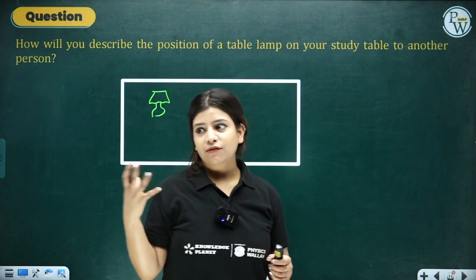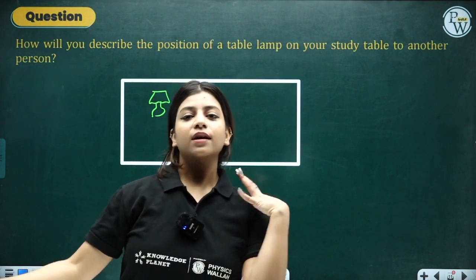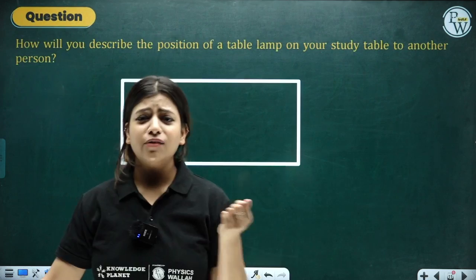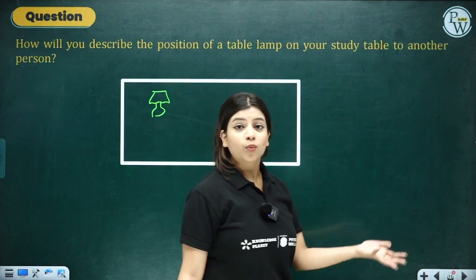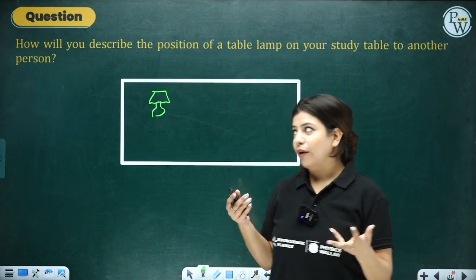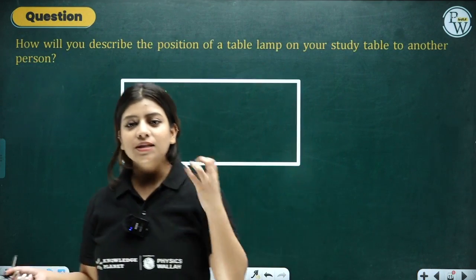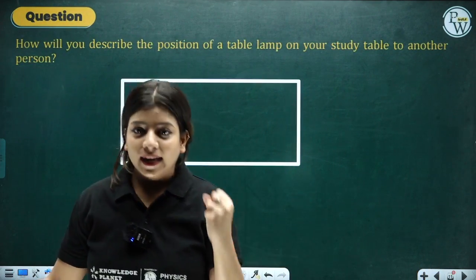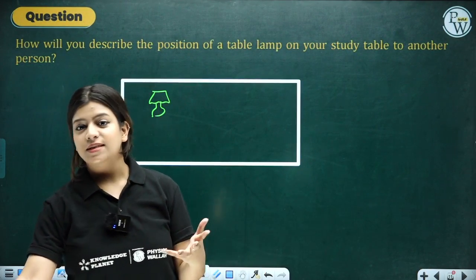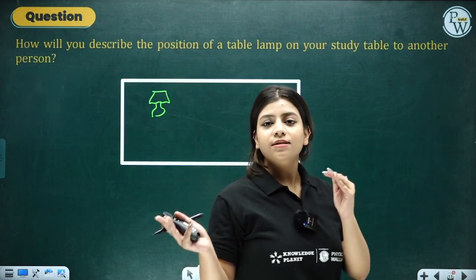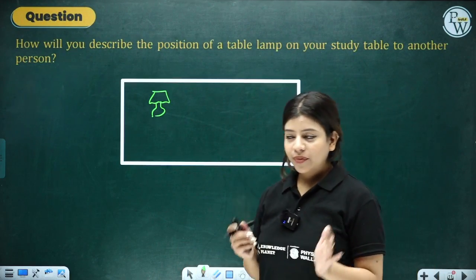For example, if I go to some other country and their language is different, and I say bottle, they won't be able to understand it, right? Because we don't have a standard language worldwide. So basically the point here is to get one such thing for locating any point on the globe, or on the paper, so that it is understandable by each and every one.